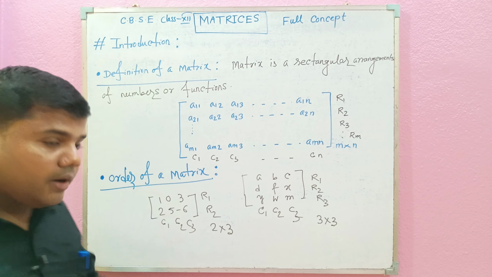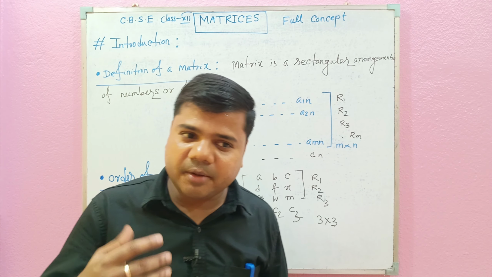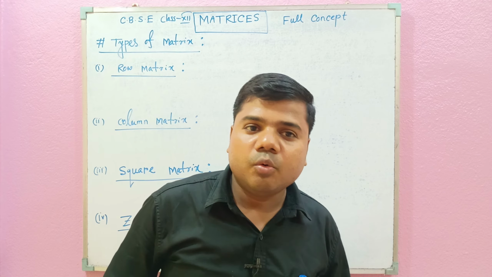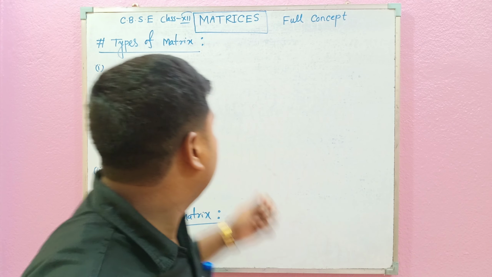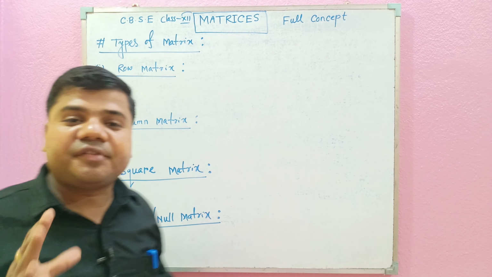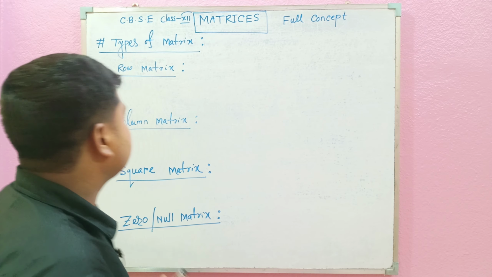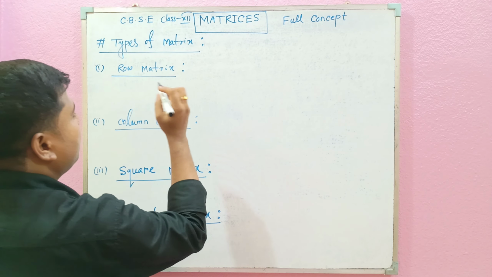Next, we will discuss the types of matrix. In this section, we shall discuss the different types of matrix. First of all, row matrix. What is a row matrix? A matrix is said to be a row matrix if it has only one row.